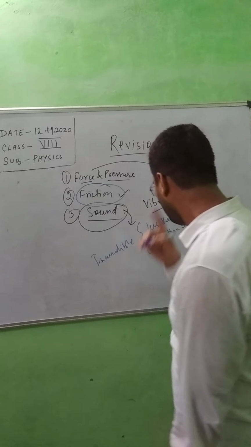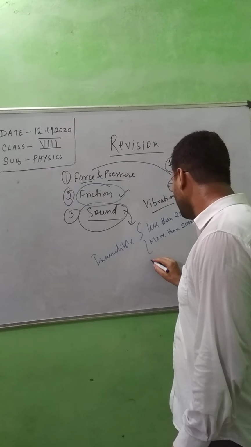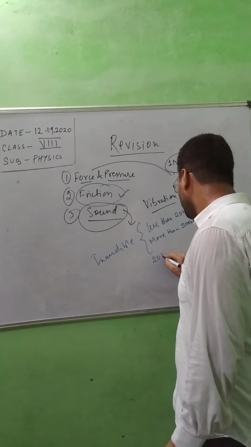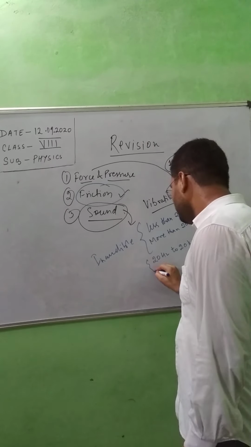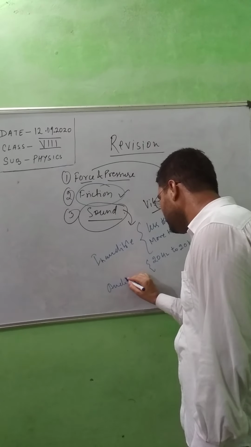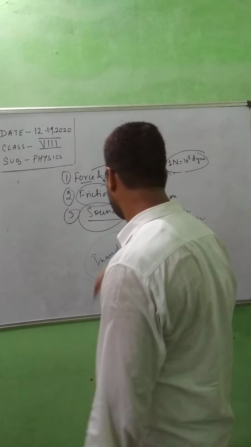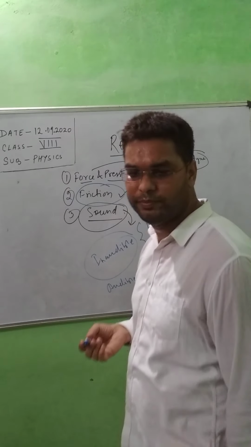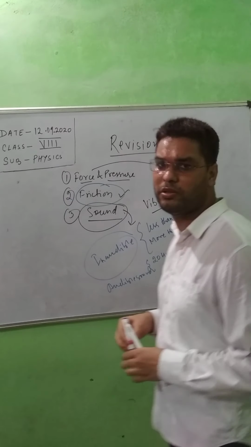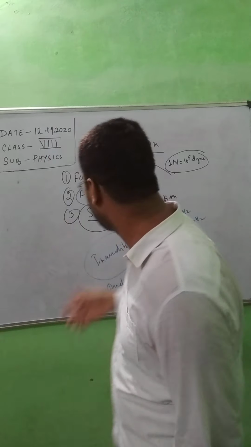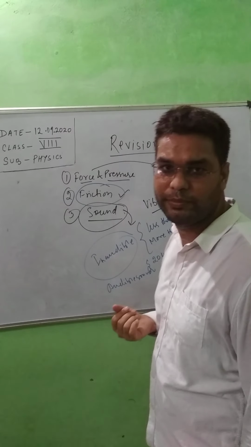A normal human being cannot hear it. But a sound whose frequency lies from 20 Hz to 20 kilohertz is audible sound. Many animals can hear inaudible sound also. Sound with frequency less than 20 hertz is said to be infrasonic, and more than 20,000 hertz is said to be ultrasonic.